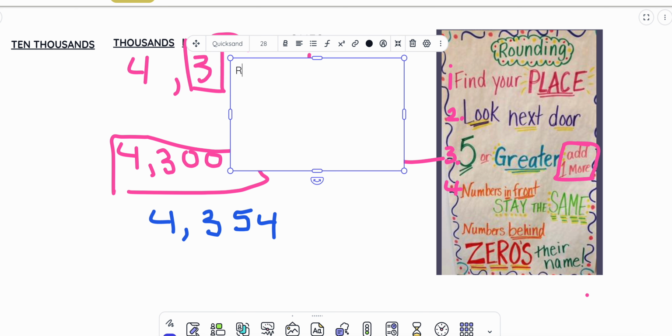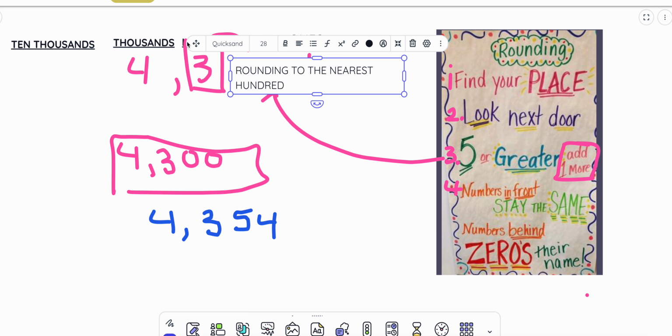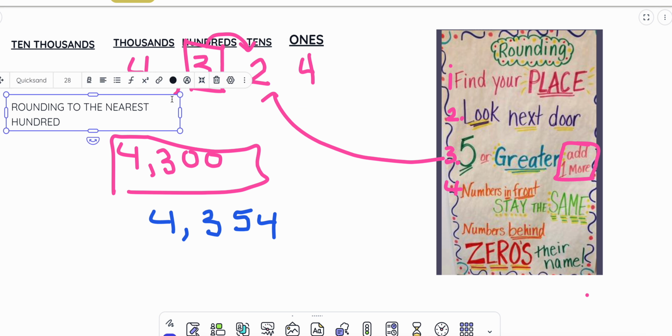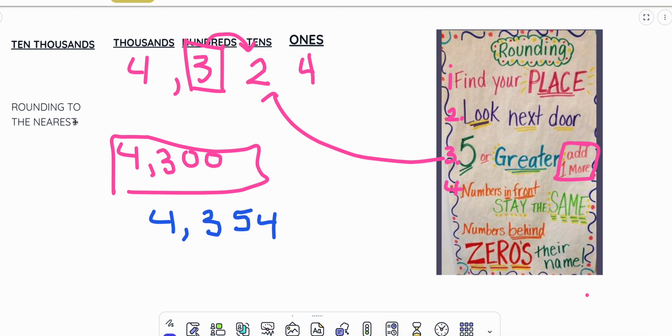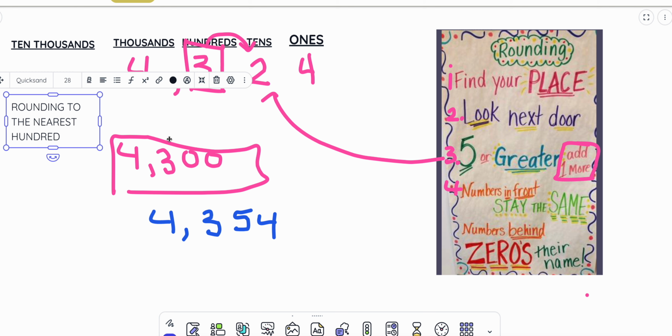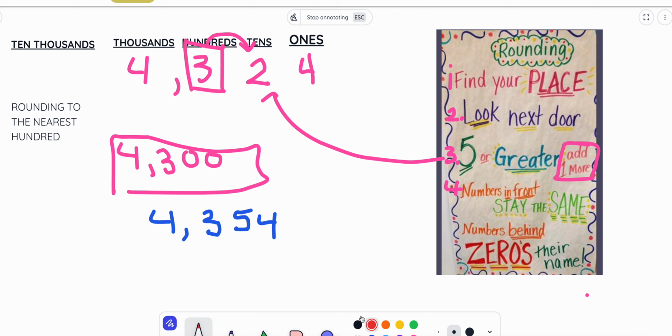I'm rounding to the nearest 100. All right, so I'll put an arrow. That's what I'm doing here.